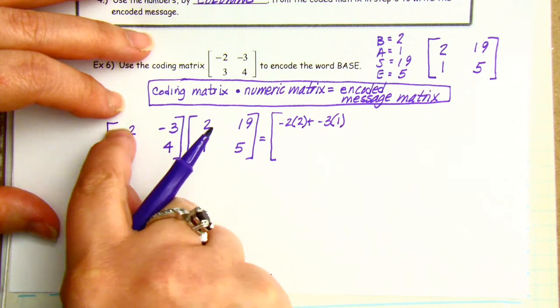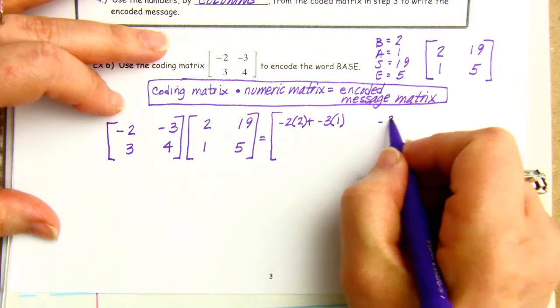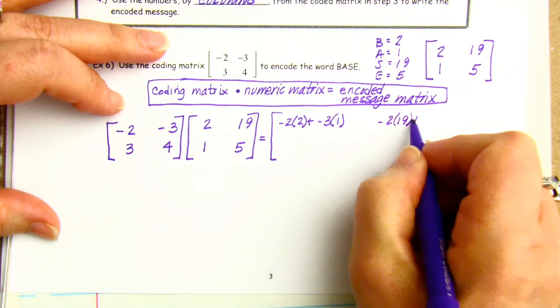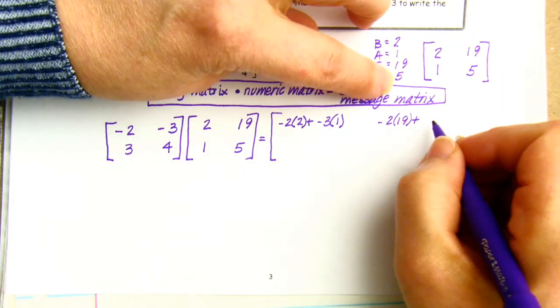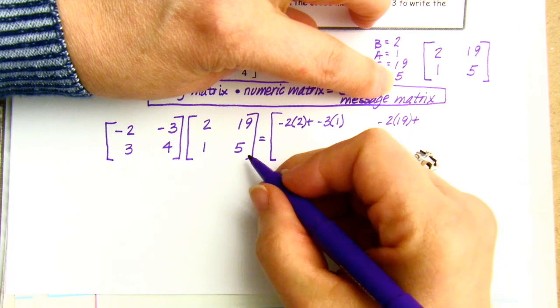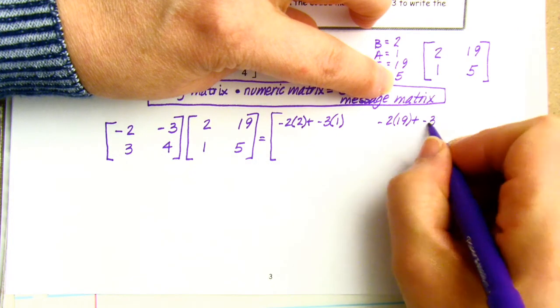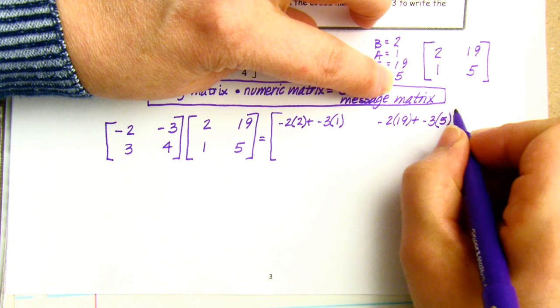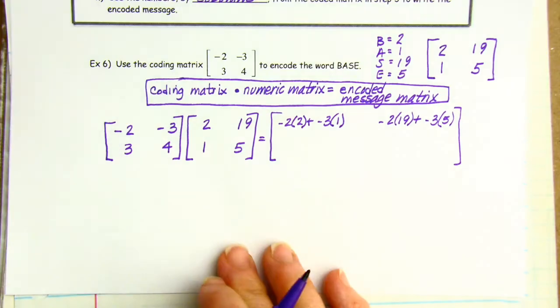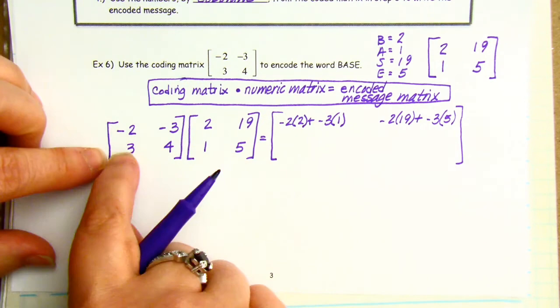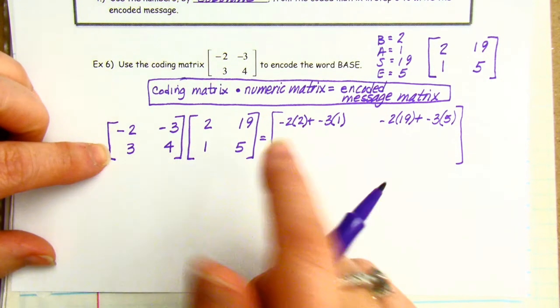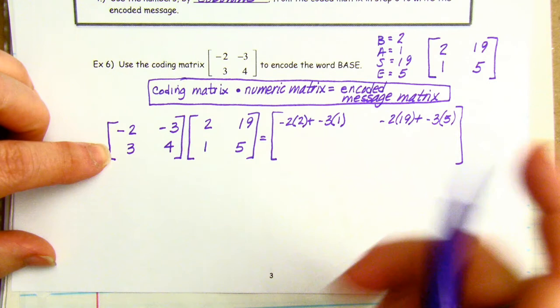I could do -2 times 19 plus -3 times 5. That takes care of row 1 with column 1 and column 2. We'll do row 2 with column 1, 3 times 2 and 4 times 1.